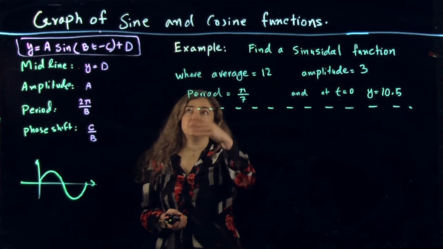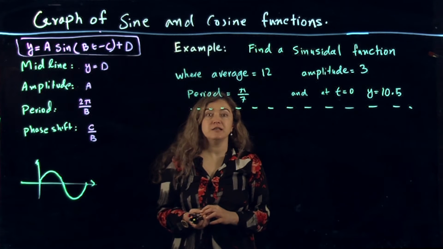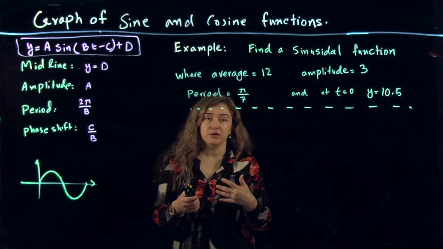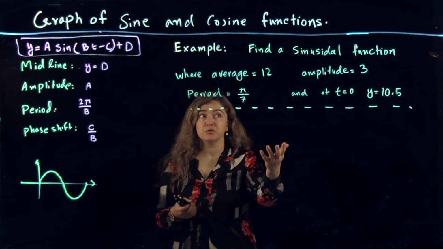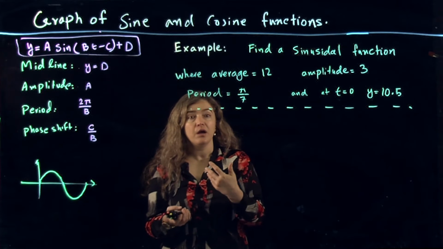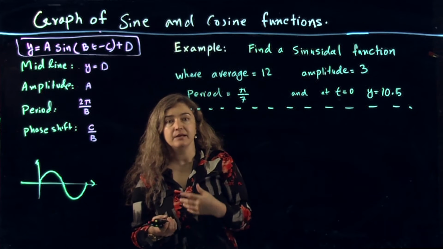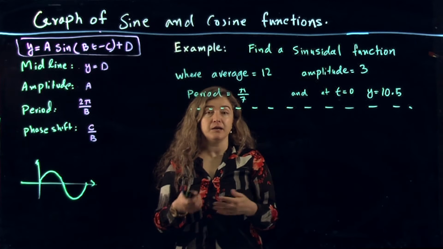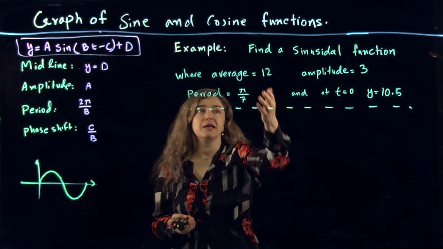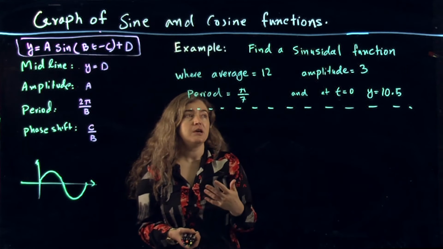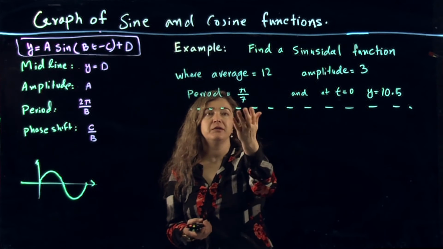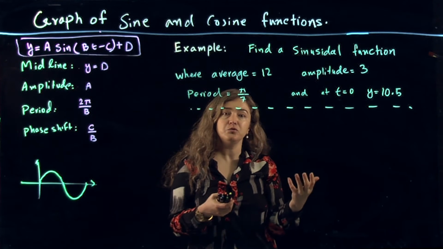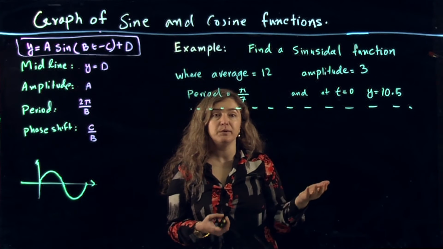So continuing with the graph of sine and cosine functions, we often use sinusoidal functions to model something in real life. What is given in the problem usually is the average value. There's an amplitude, the period usually is given, and then they tell you the value when you begin.